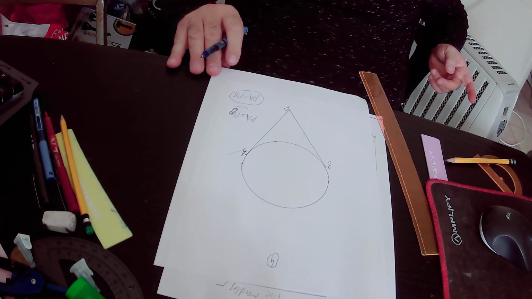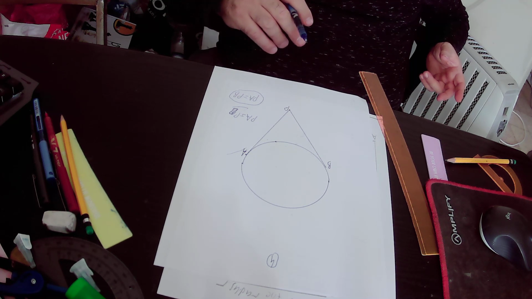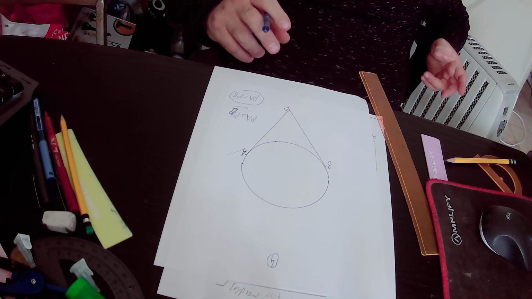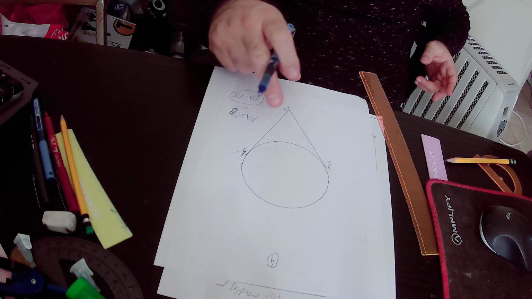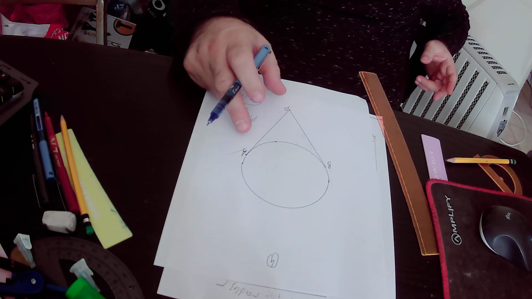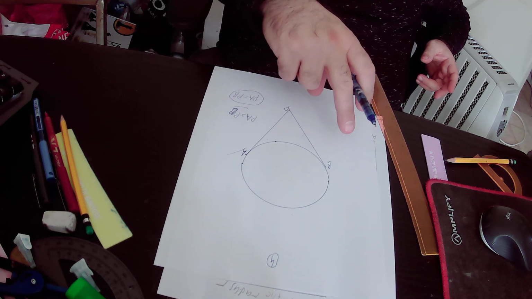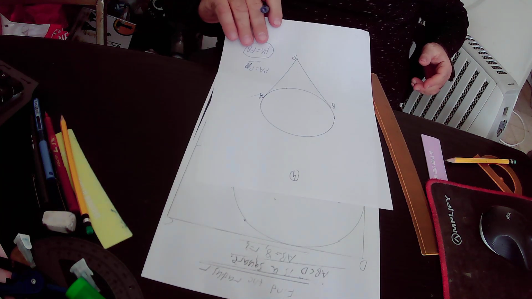Again, if from one external point two tangents are drawn to a circle, then they have equal lengths. The length of the first tangent is PA, the length of the second tangent is PB, and PA equals PB. Okay?